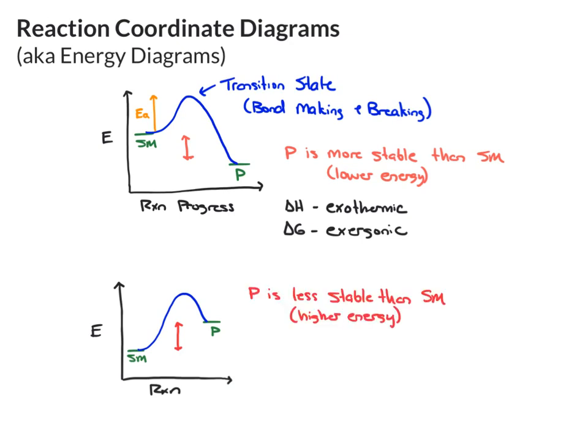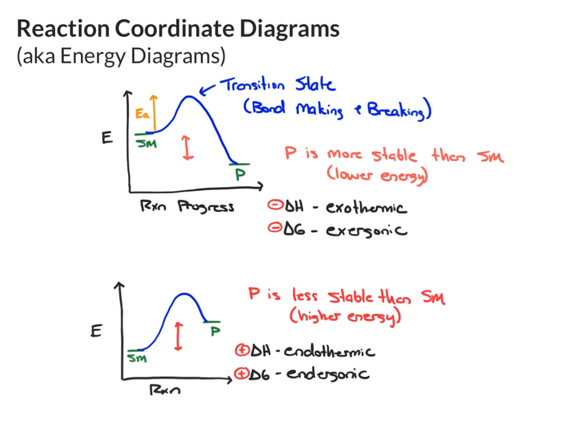And in terms of how we describe this, if it's in terms of delta H, this is an endothermic reaction. If it's in terms of delta G, it's endergonic. And for the endothermic endergonic reactions, the sign is going to be positive. For exothermic exergonic, the sign will be negative.